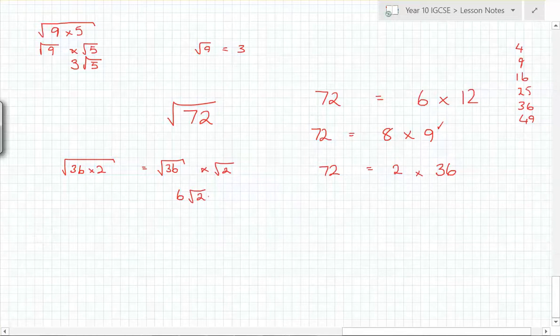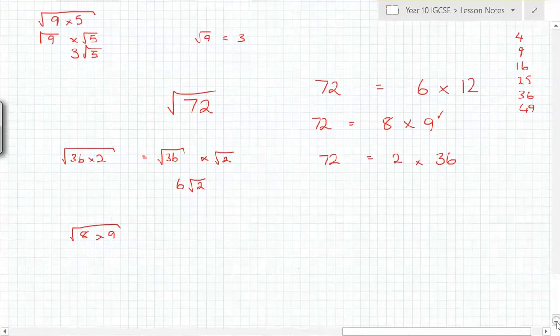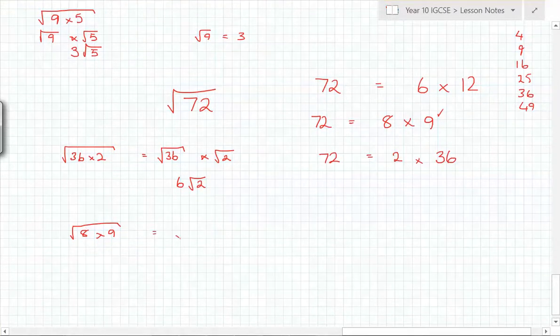And then it's the same answer for the other. Now, I'm just going to show you, so you might want to write this down. If you've done the 8 times 9 one, it gives you the same answer. But I'm going to show you, it's an extra step. So 8 times 9 is fine as a starting point. Okay? So we would do the square root of 8 times the square root of 9.